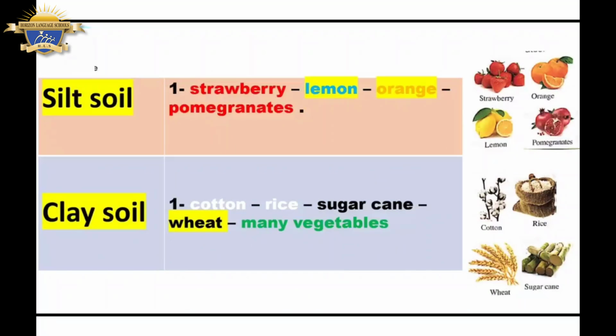And for silt soil, it is suitable for the cultivation of some plants, such as strawberry, lemon, orange, and pomegranate. And for clay soil, it is suitable for the cultivation of some plants, such as cotton, rice, sugarcane, wheat, and many vegetables.